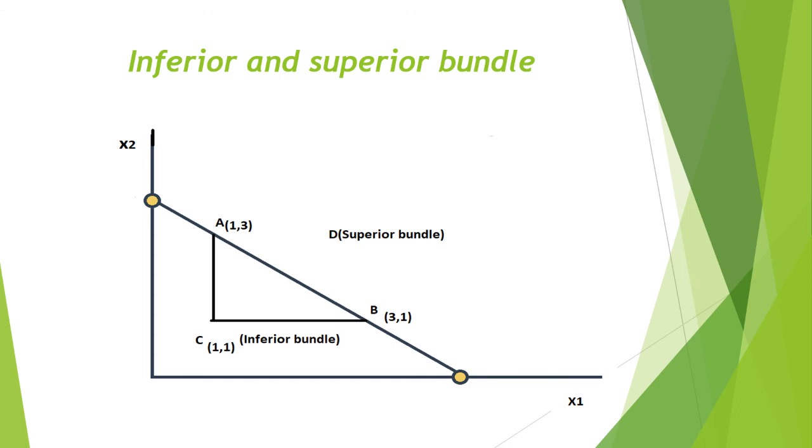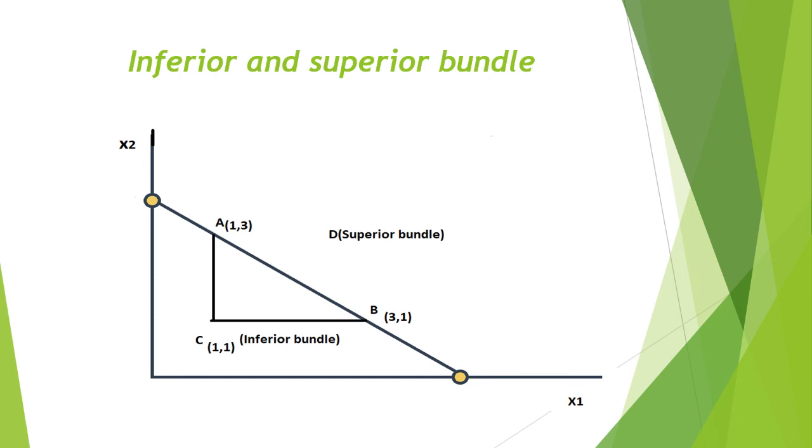In any of the bundles below the budget line, the consumer does not use all his income. He has some unused income which he can use either on good 1 or good 2 or on both. Points A and B on the budget line show his income is equal to his expenditure, whereas point C shows that the consumer's expenditure will be less than his income.